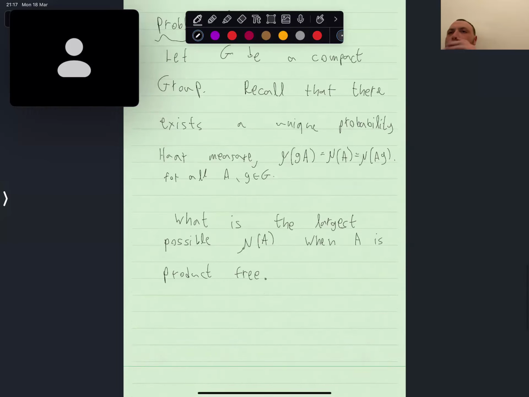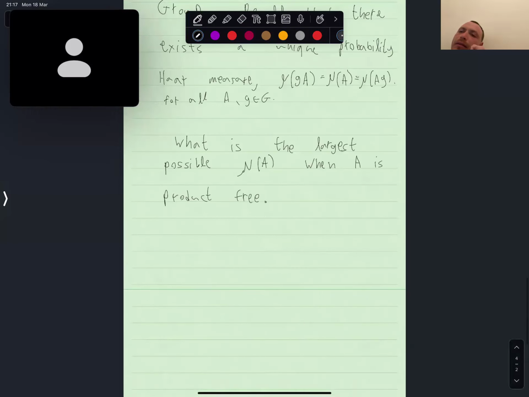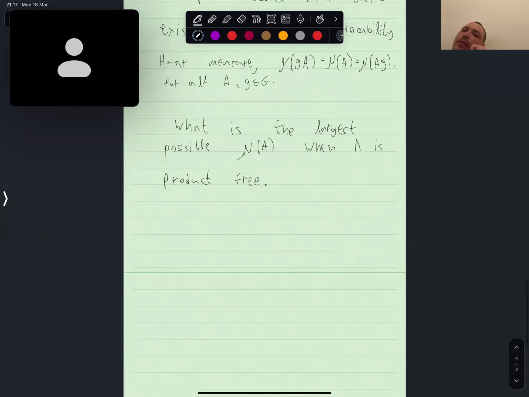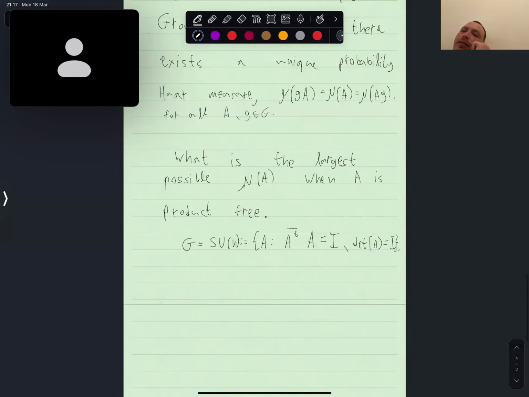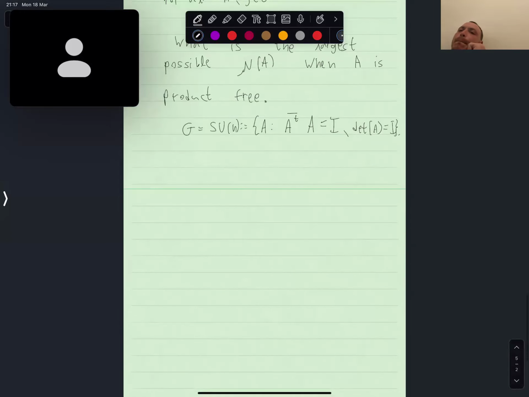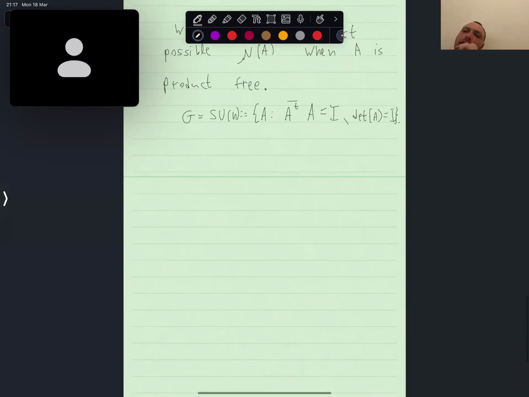And in particular, we asked this problem for G, which is the special unitary group of all elements that are unitary and have determinant 1. And asked what's the largest possible product-free set there.